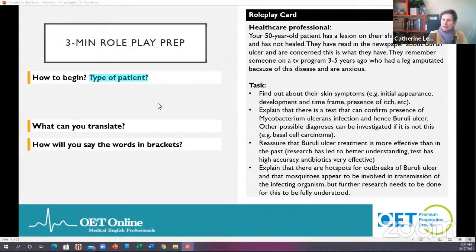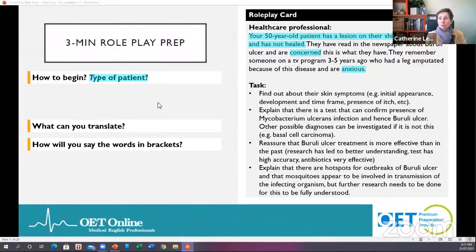And we're thinking about the type of patient as well. So in this case, we're using information given here. We know that this patient has this lesion or mark on their shin. It's not healing, and they're concerned and anxious about that.